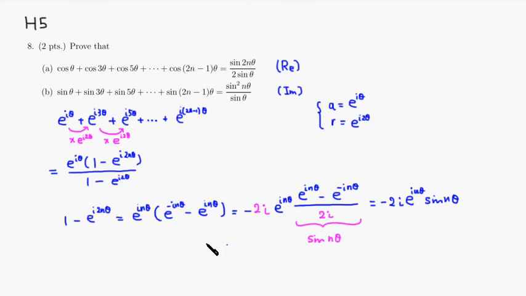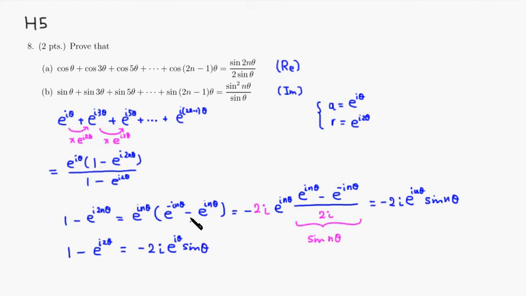Using the same trick, we can simplify 1 minus e to the i 2 theta. All you have to do is plug n equals 1 into this formula, so it's negative 2i e to the i theta sine of theta.